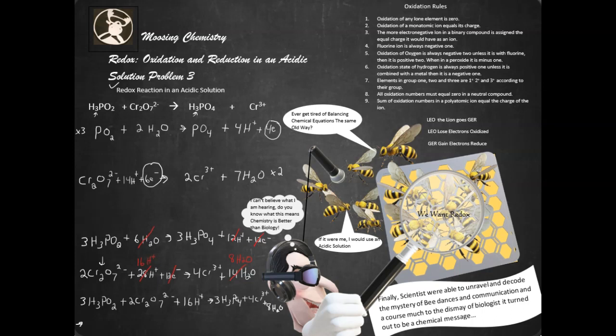So the final answer and the best way it should look is like this. 16H+ plus 3H3PO2 plus 2Cr2O7 2- yields 3H3PO4 plus 4Cr3+ plus 8H2O.